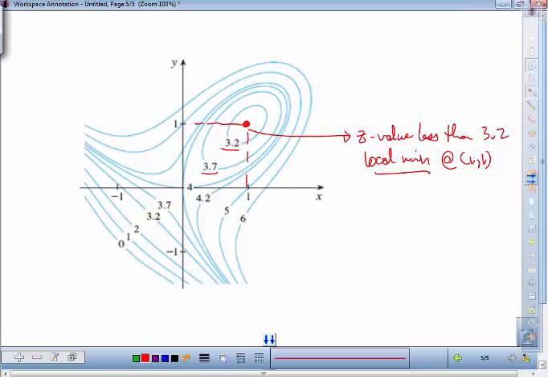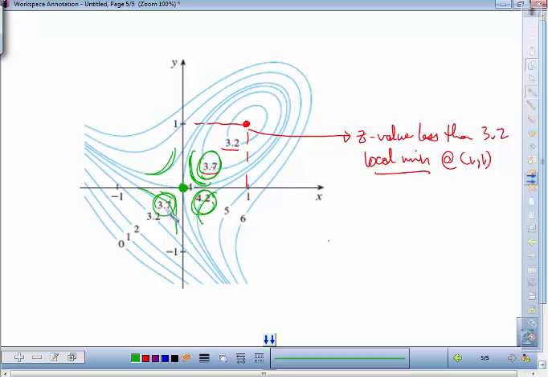And now to check for saddles, if we see hyperbolic behavior around a particular point, and usually you get values from one piece of the hyperbola that differ from the other piece of the hyperbola.